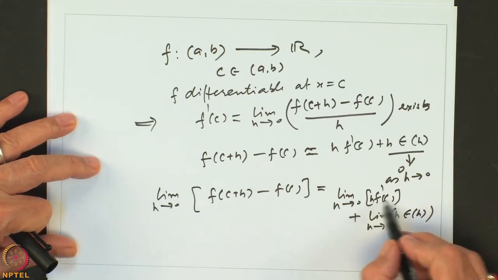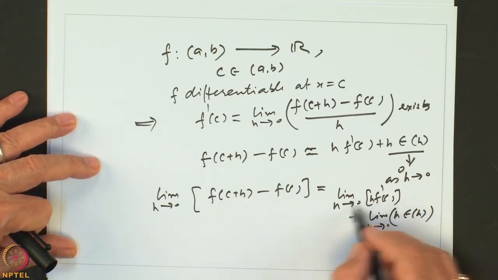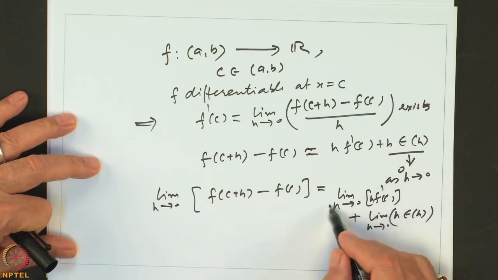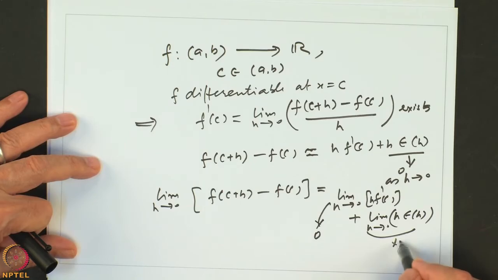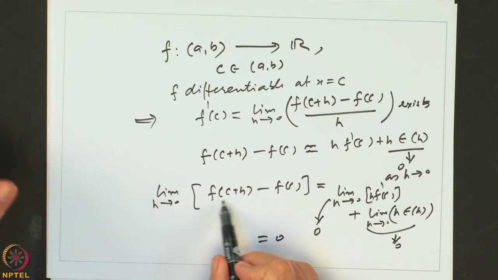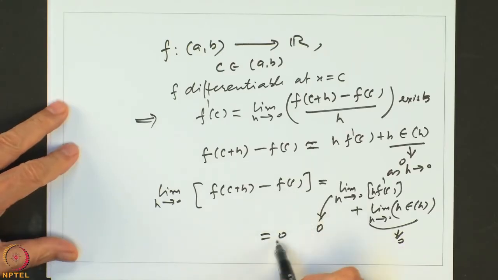But observe, this is h times a scalar, so this term goes to 0, and this is also going to 0. So, this limit is equal to 0. So, the limit of f of c plus h minus f of c is equal to 0.